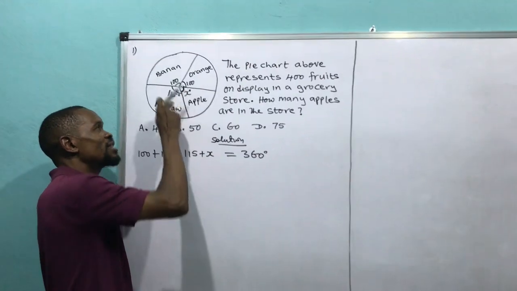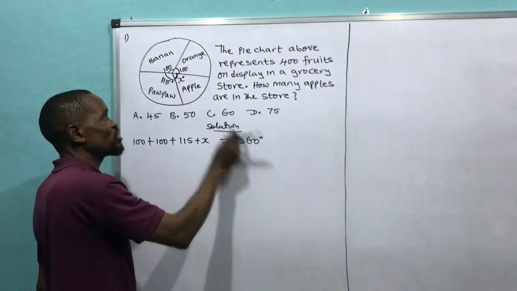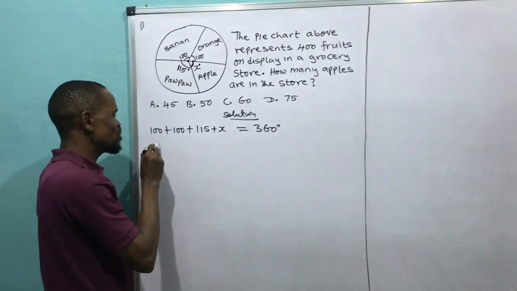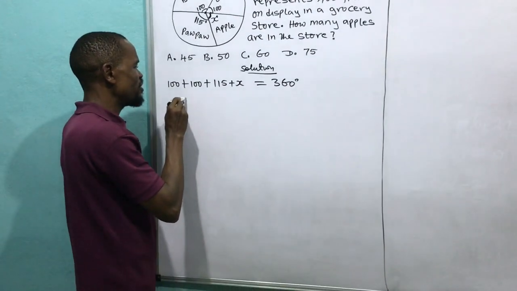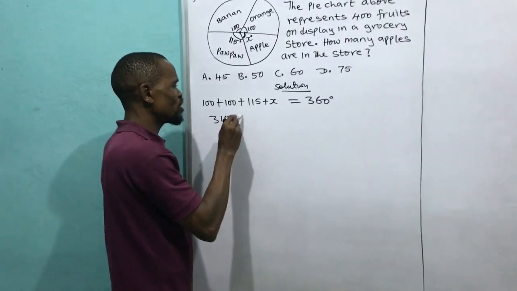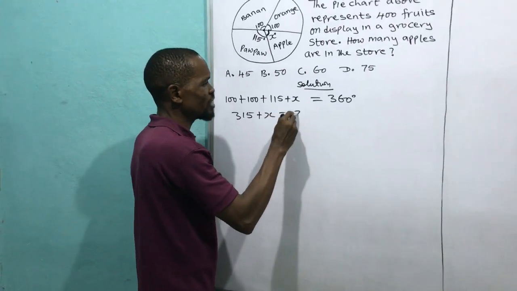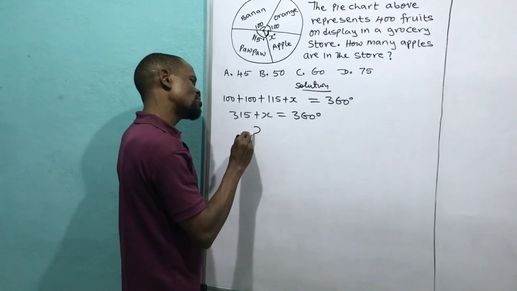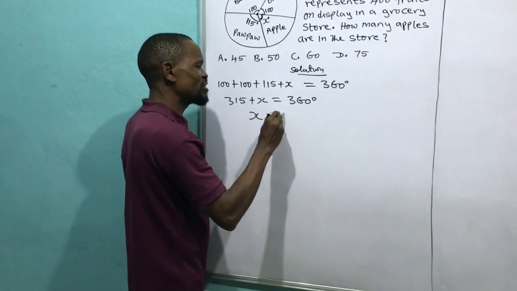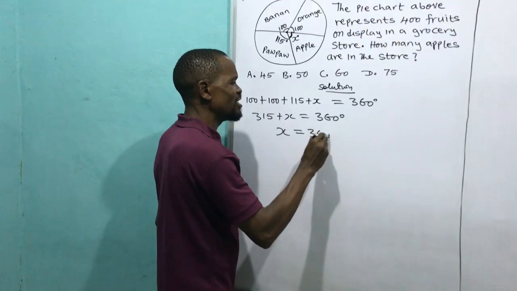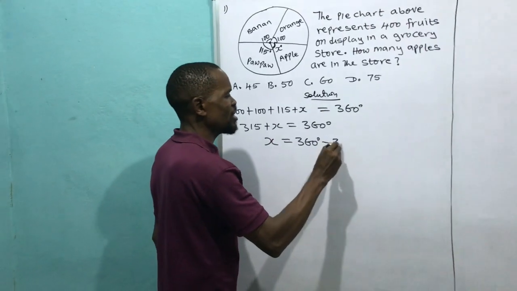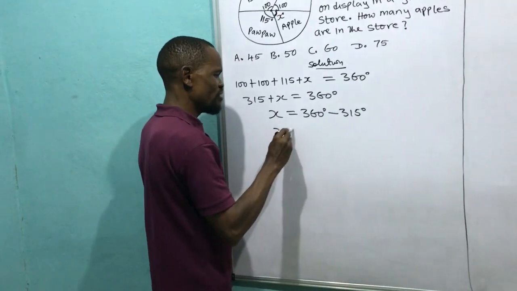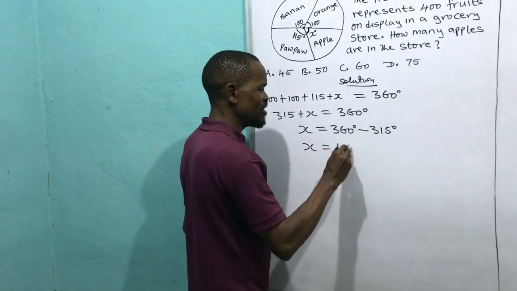The sum of the angles at a point is equal to 360. Then summing this gives me 315 plus X is equal to 360 degrees. Then making X subject of formula, I will have 360 degrees minus 315 degrees, and this will give me 45 degrees.